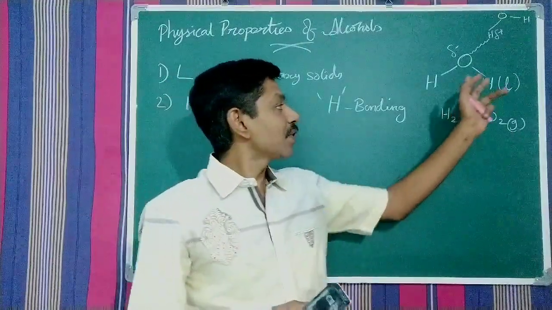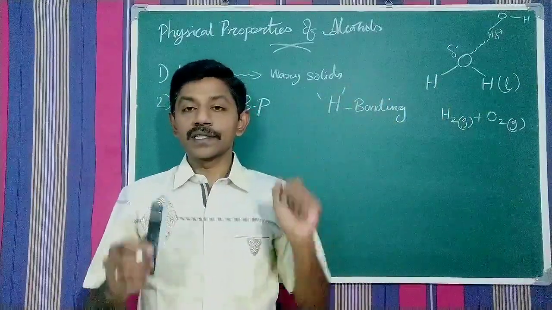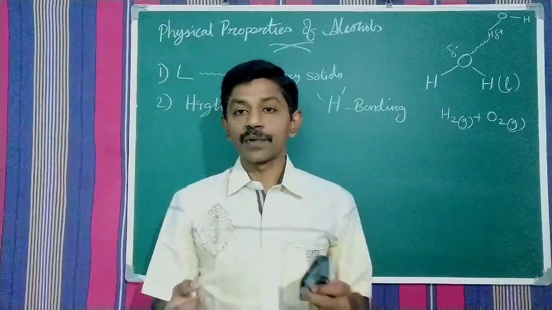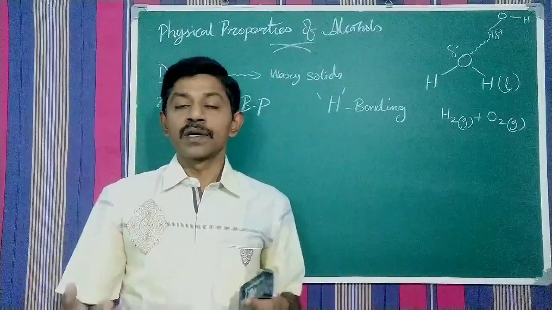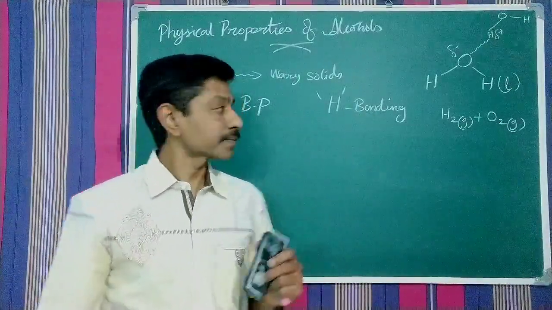That is called intermolecular hydrogen bonding. This intermolecular hydrogen bonding is the reason why we have water existing in a liquid state, and our protein molecules and biomolecules inside our body, our sugar, all of them are going for intermolecular hydrogen bonding.